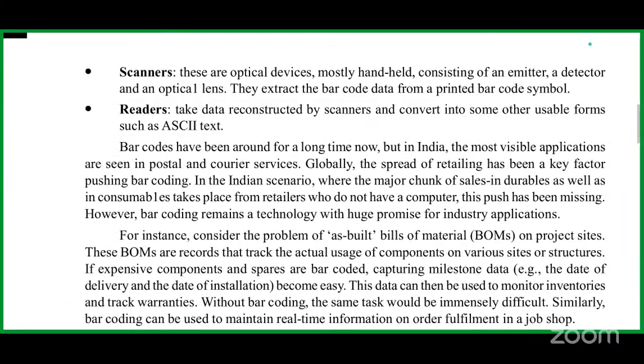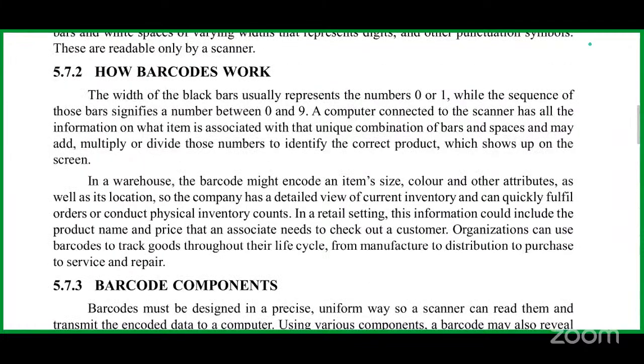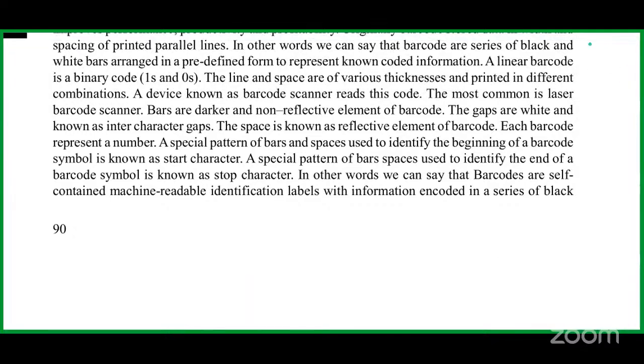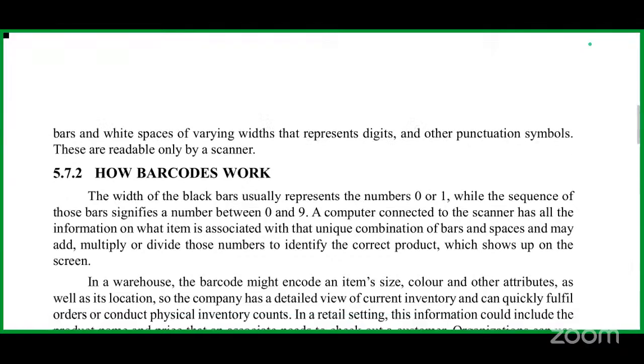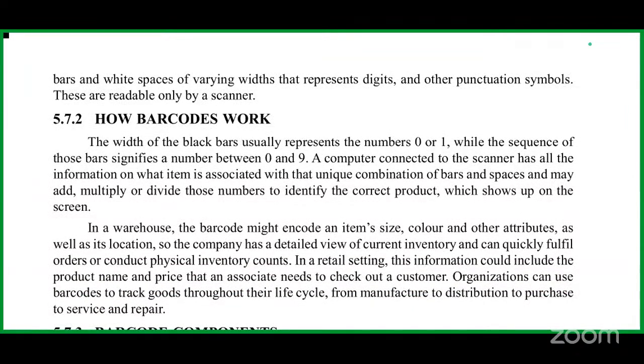So this is how barcode components work actually. It's lines with special patterns. The bars usually represent the numbers 0 and 1, and those bars signify digits between 0 and 9, which are connected to the scanner, which has all the information on what item is associated.